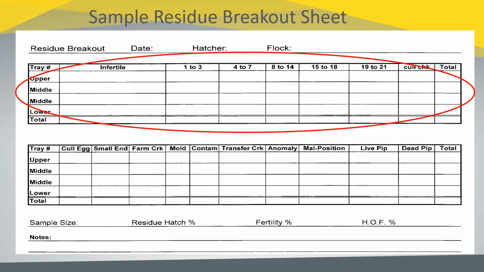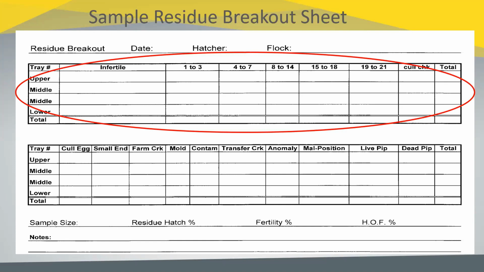And I developed this sheet to allow up to a 4-tray sample. Obviously, you could develop your own sheet to be just 3, or maybe up to 6 or 8 or 9 even. It's entirely up to you when you develop your own sheet. But the goal is to make sure that every sample that comes out of that tray or basket goes in this top section.